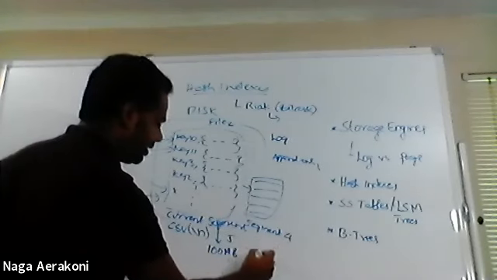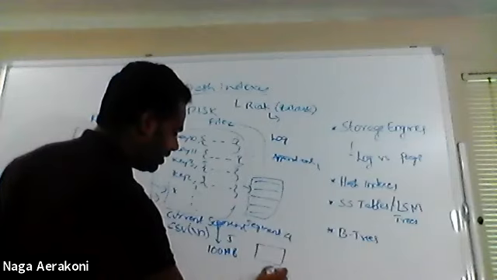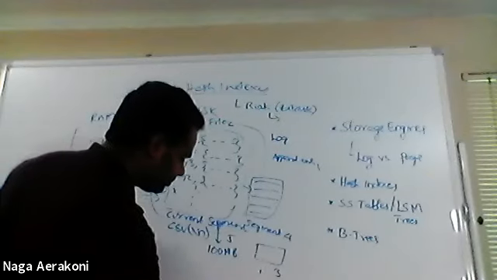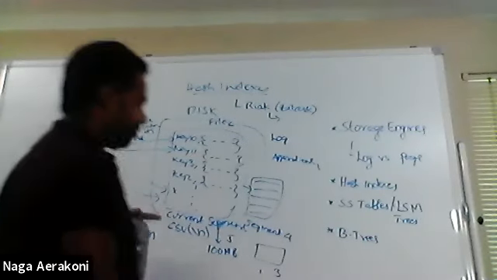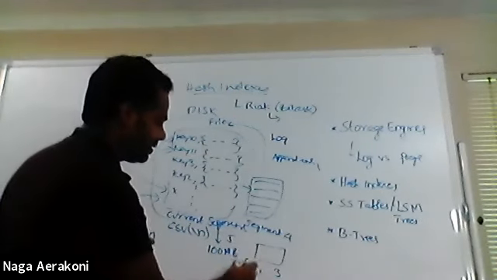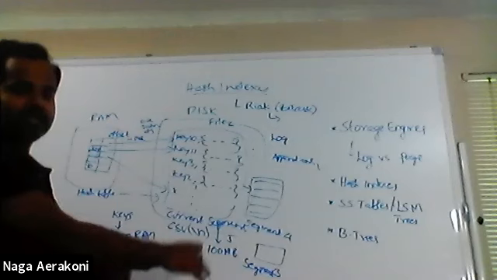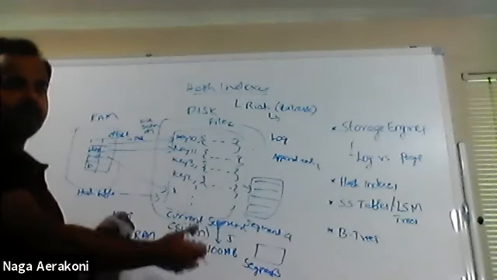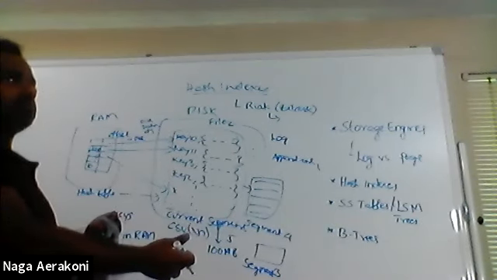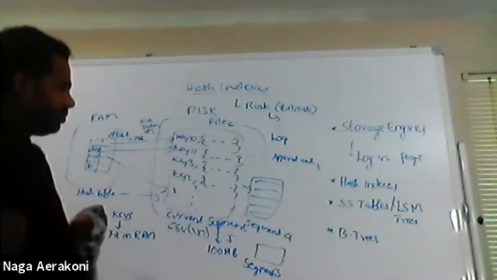If it is not there, then I'll go to segment 3, and it keeps on going until segment 1. So you can easily guess that this is a slow read index, right? For the read, you have to keep looking through all the segments to find where you have this key.